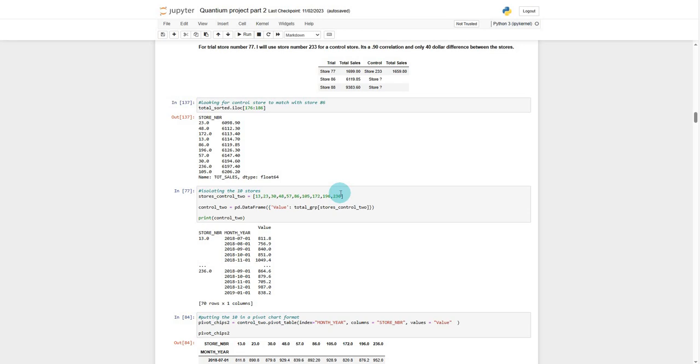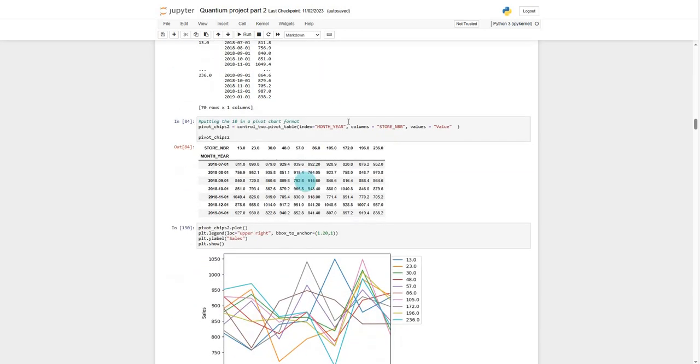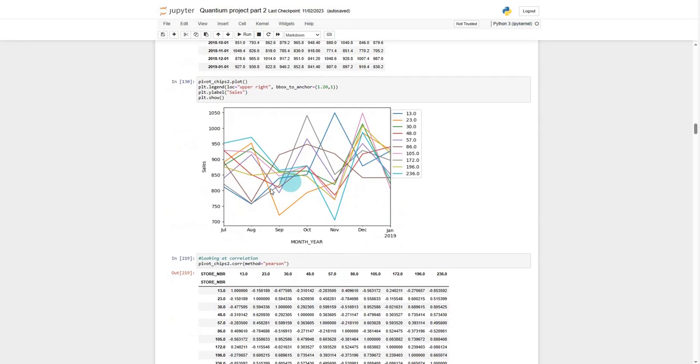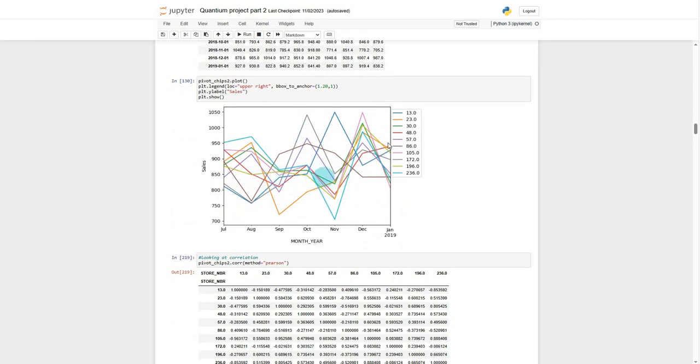So that basically made me choose store 233. Then I moved forward to look for store 86, and the top 10 closest in total sales amounts for that store. I graphed it. It's messy again, obviously, because it's just 10 stores in one chart. But if you can follow along with me, it's this purple line right here, 86. So it kind of goes like this.